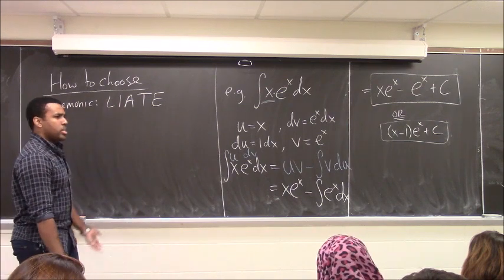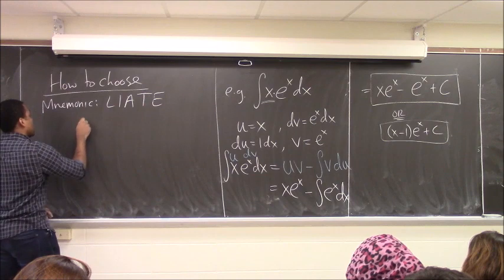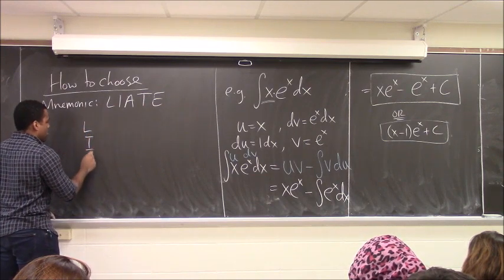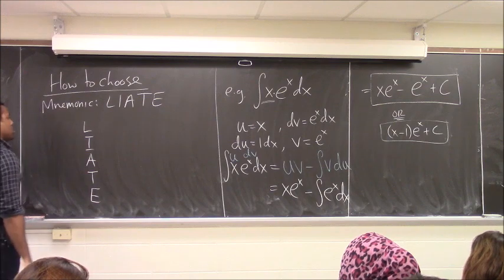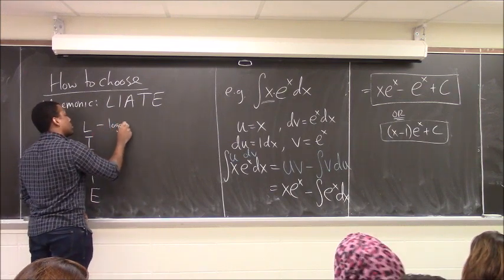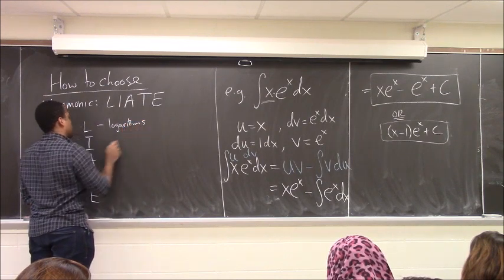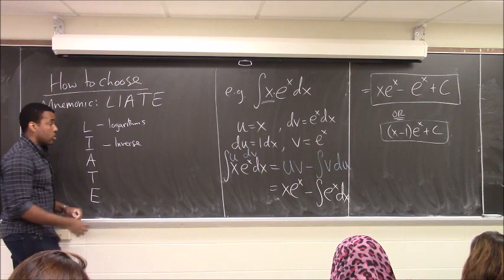I assume because LIPTE didn't sound right to some people. Well, you kind of memorize it vertically. And I'll tell you what it stands for. It stands for logarithm. I stands for inverse functions, like say a sine inverse or a tan inverse.